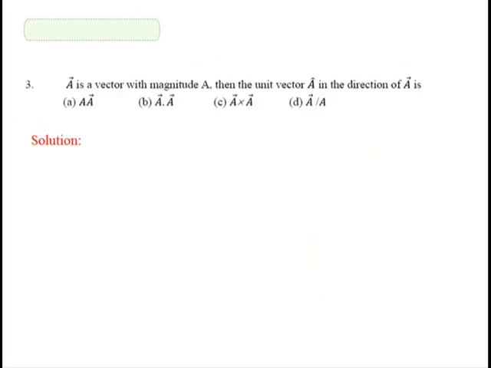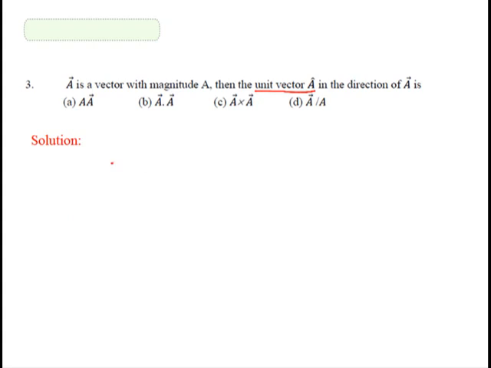Let's move on to the next question. Next is, A is a vector with magnitude A. Then the unit vector A cap in the direction of vector A is. So we will have to find out what is the unit vector A. Let us first understand what is the meaning of unit vector.